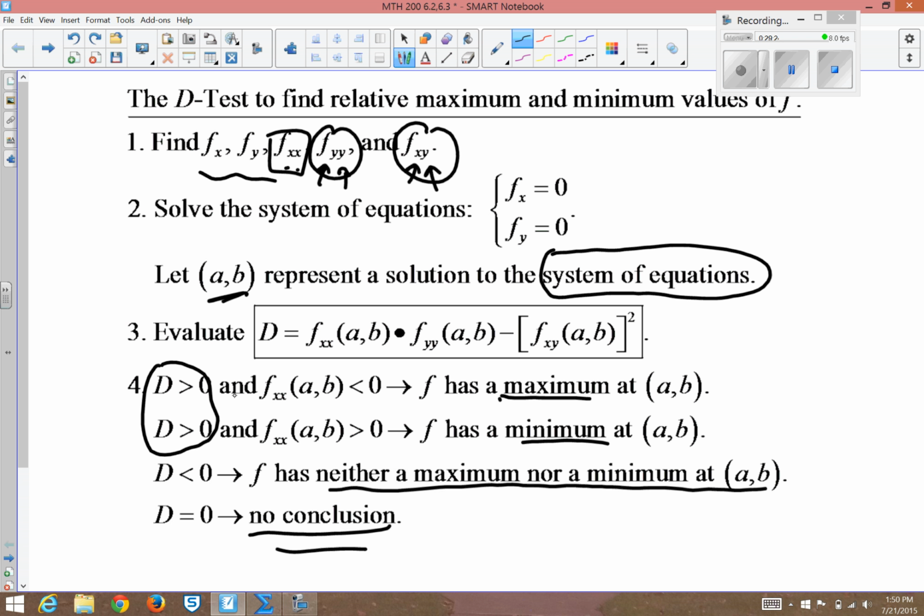If D is greater than 0 and F subscript XX, that's the third thing, evaluated at AB is negative, then we're going to say maximum at AB. If F subscript XX evaluated at AB comes out positive, then we're going to say F has a minimum at AB.